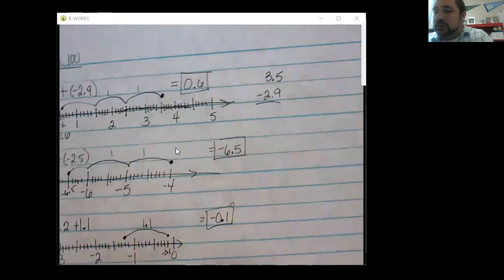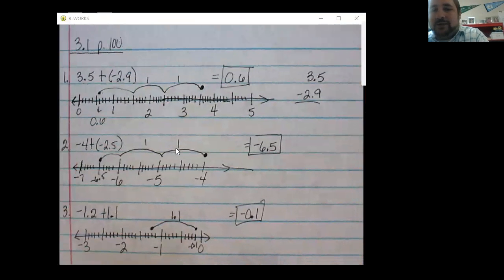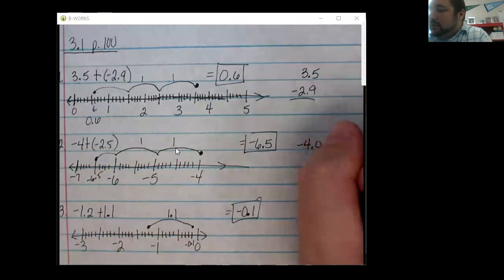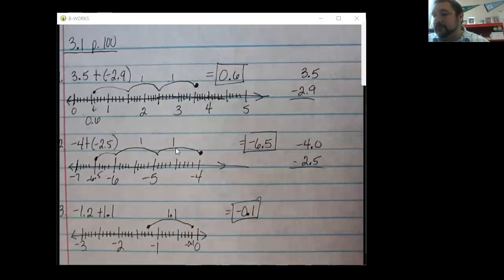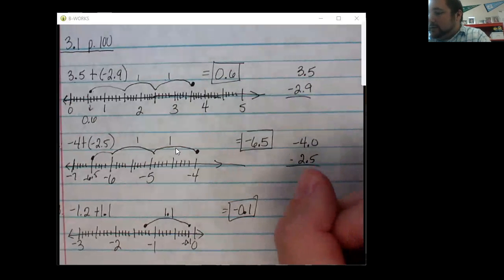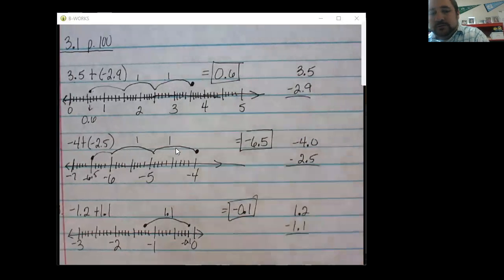On number 2, they're the same sign, negative 4 plus negative 2.5, so you would add them. Now this one, we would have to add a decimal and 0 to the 4 so that it matches the 2.5. Number 3, you would end up subtracting them because they are different signs. So 1.2 minus 1.1. Again, line up your decimals.